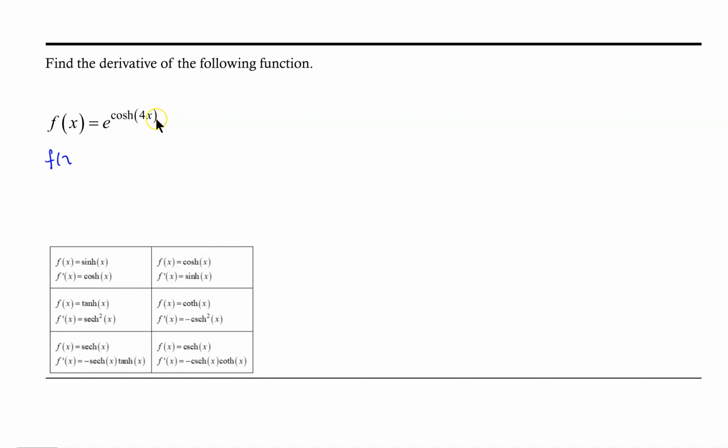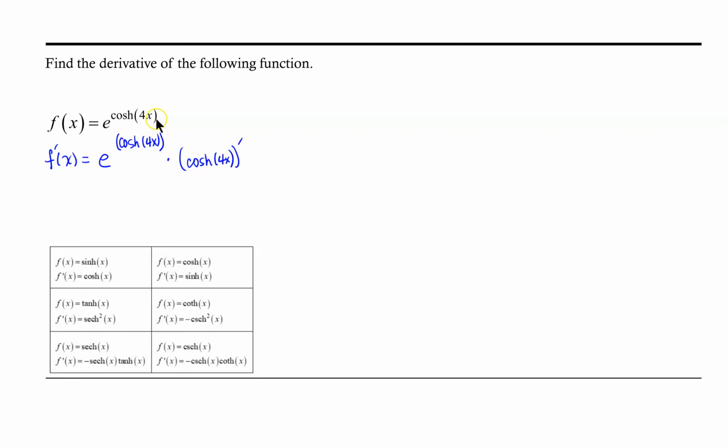So f prime of x is going to be, the derivative of an exponential function is e to that power times the derivative of that power. Our argument, or our power in this case, is cosh of 4x. And so we'll go ahead and fill those in.